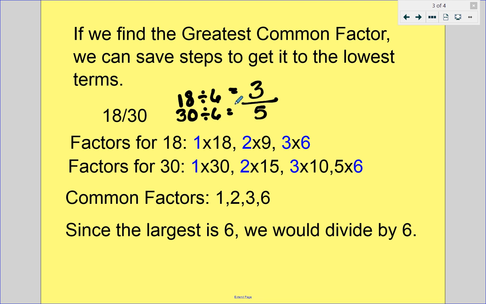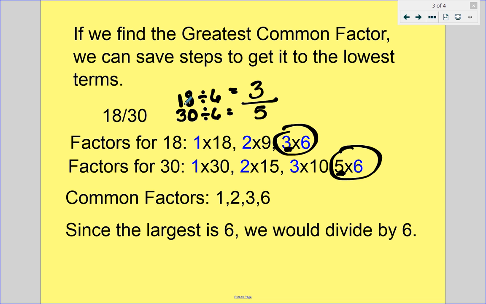Okay? Now the other thing, if you write out your factors like this, 1 times 18, 2 times 9, 3 times 6, and then I also have 5 times 6, the greatest common factor I have, the number that's left over on the other side, ends up being that fraction in lowest terms.